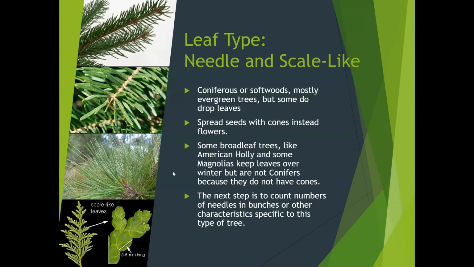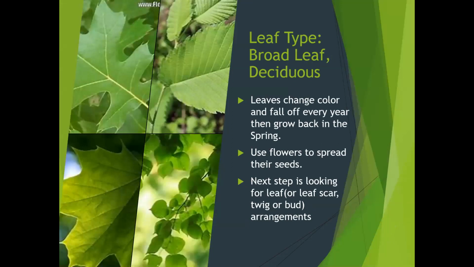And certain broadleaf trees like the American holly and some magnolias, well, they're still broadleaf trees, but they will have green leaves over the winter, and they do not have cones. And so our next step is going to be to count the numbers of needles in bunches or other characteristics specific to this type of tree. So then if you're doing the process of elimination using the dichotomous key, if you don't have the needle or scale-like trees, these are some examples of broadleaf trees.